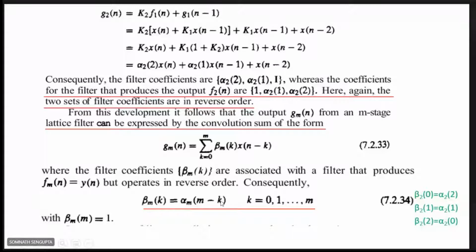I have written some notes here: beta 0 is equal to alpha 2 2, beta 1 is equal to alpha 2 1, beta 2 is equal to alpha 2 0, with k varying 0, 1, 2. This is the relation between beta and alpha, and this way you can correlate the coefficients between the two outputs of a lattice structure.